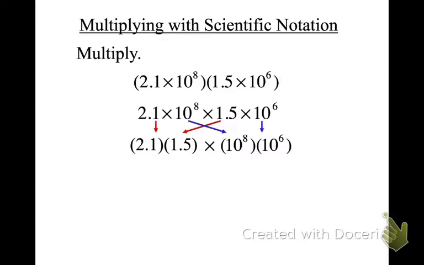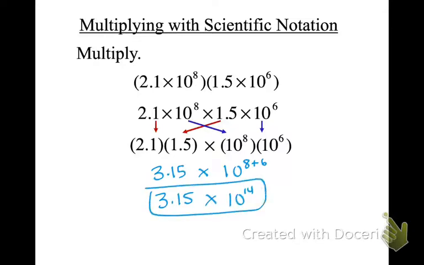I'm using the wrong Apple pen. 3 1/1500, I believe it comes out to. And then what am I doing with my exponents? Times 10 to the 8th plus the 6. So it's 3 1/1500 times 10 to the 14th power. All right?